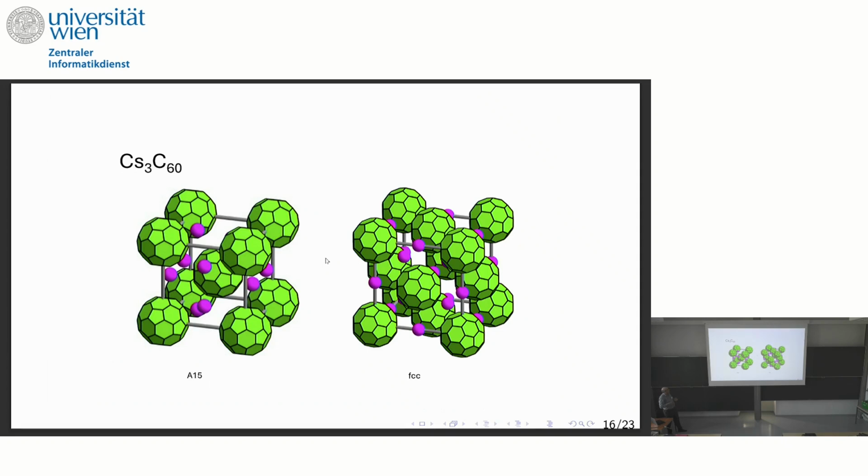So the fullerenes, these are fullerene molecules, which can crystallize in two structures, BCC and FCC. If you have cesium-doped C60, this is the most famous representative, but you have also expanded fullerides, when you put NH3 ammonia molecules here, and then it expands, and this is another class.